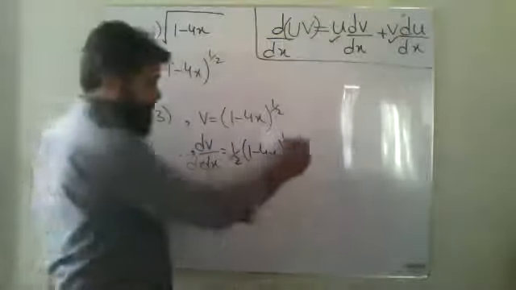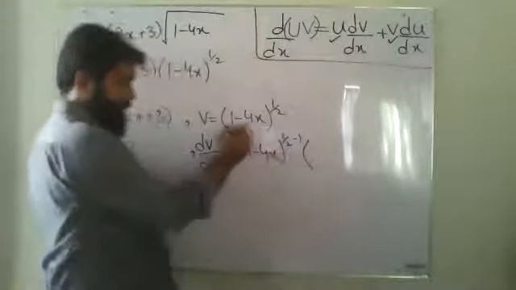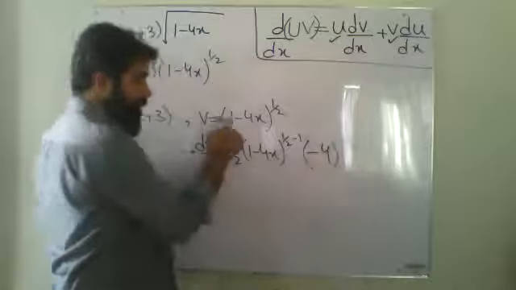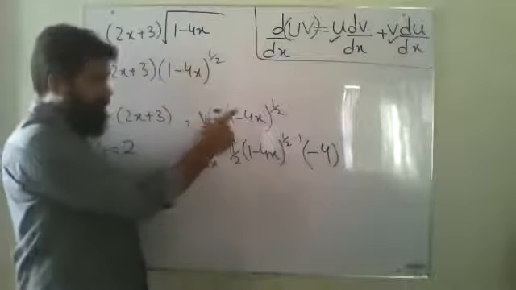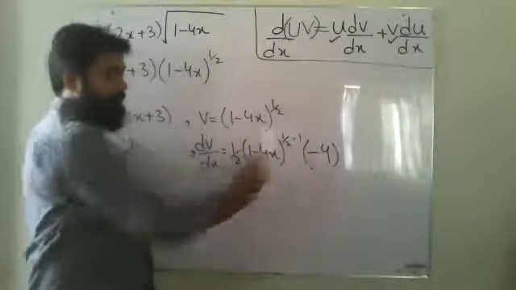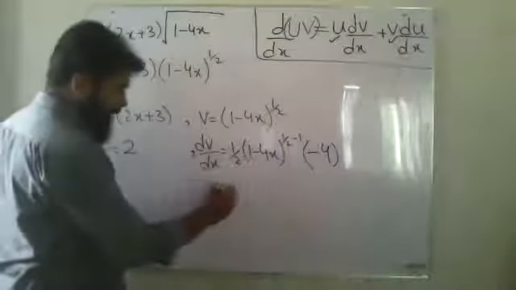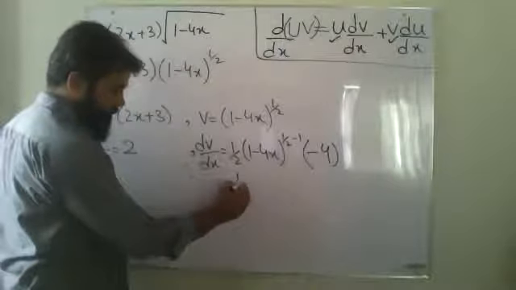After that, I differentiate whatever is inside the bracket. Differential of 1 will be 0. Differential of minus 4x will be minus 4. So when I simplify it further, this will become half.